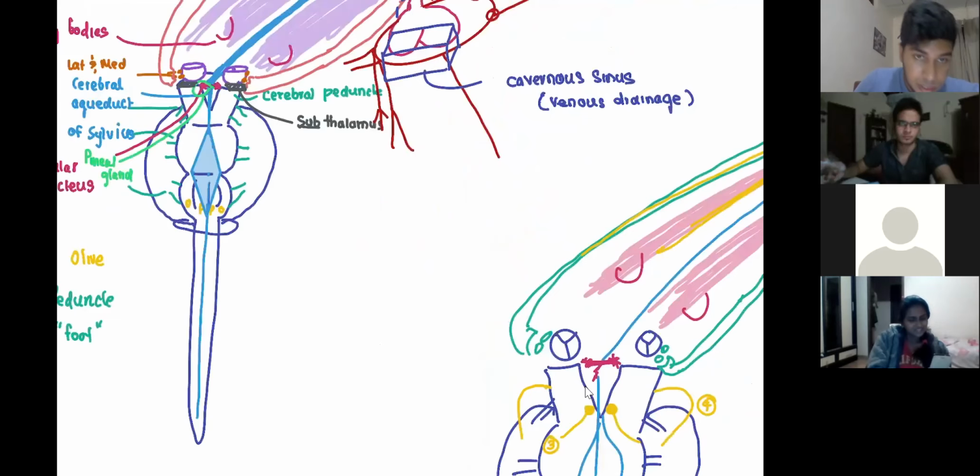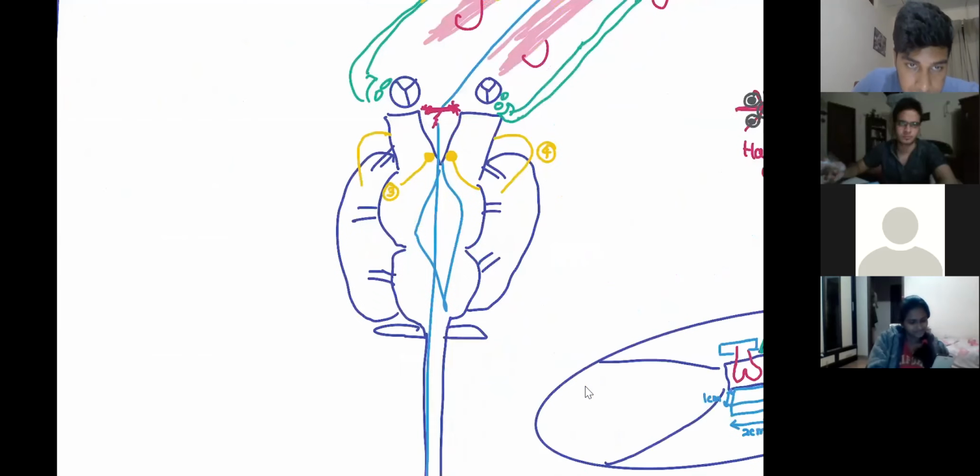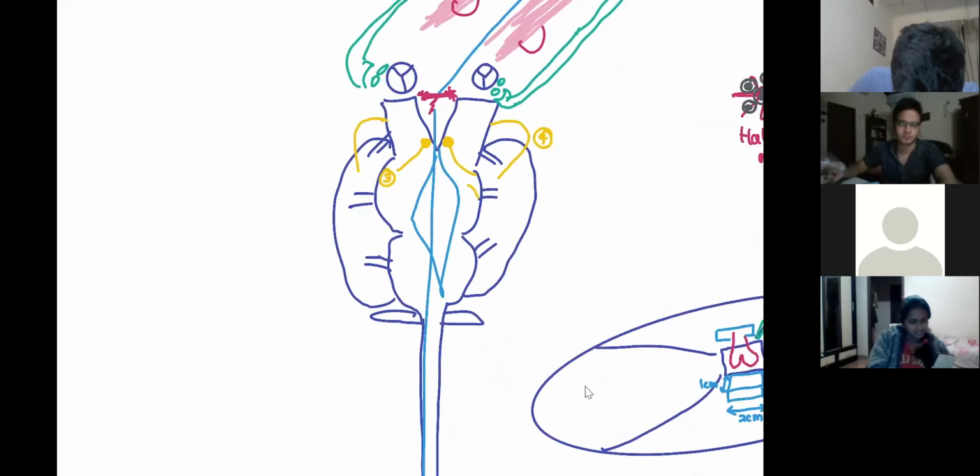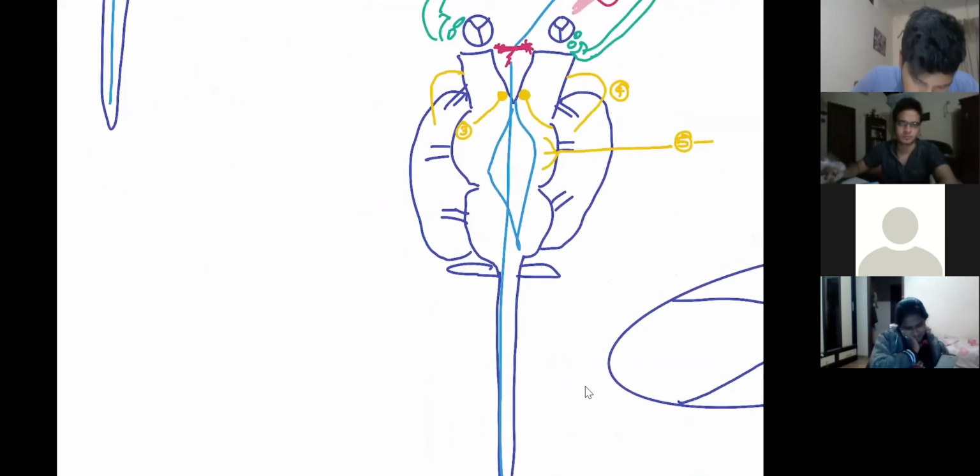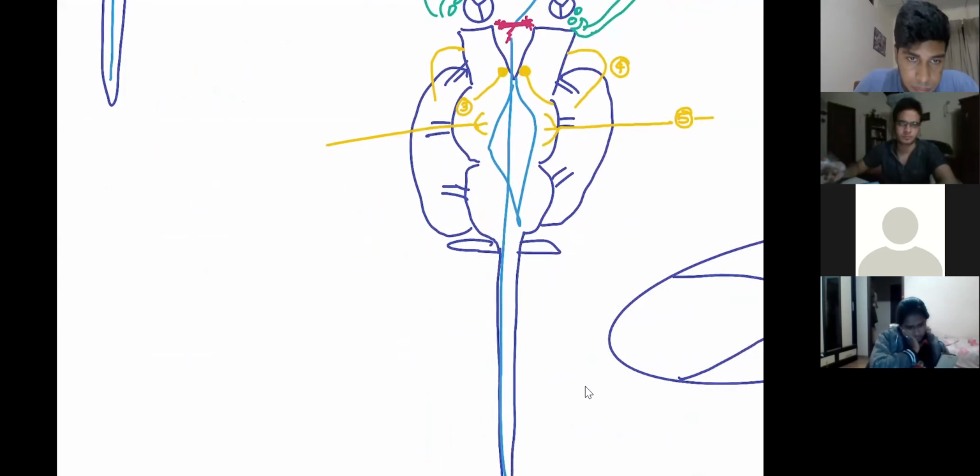Cranial nerve 5 is a nerve that has 3 roots. It has 3 nuclei and comes out from the pons.